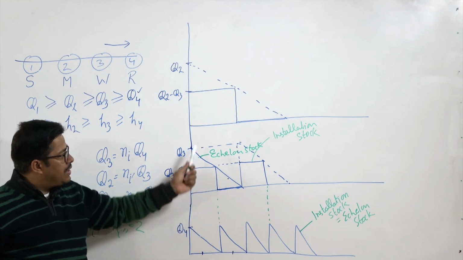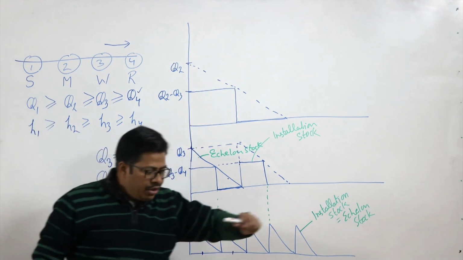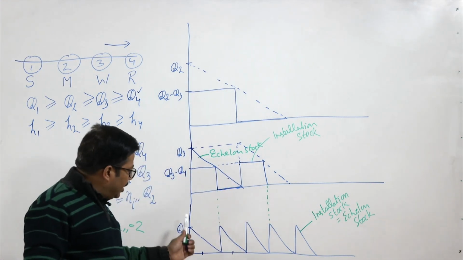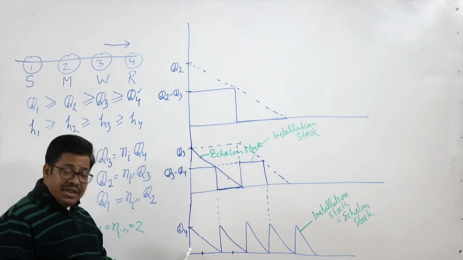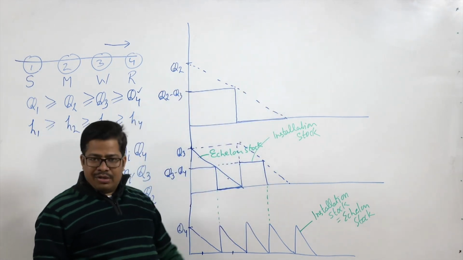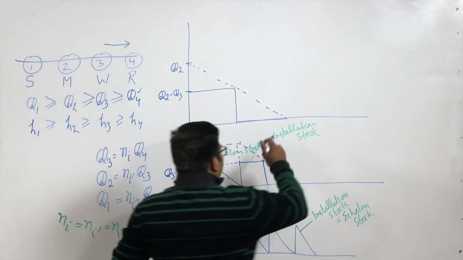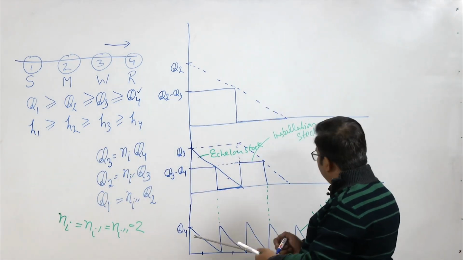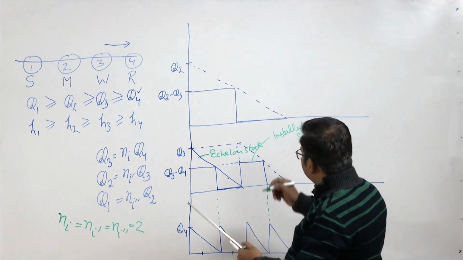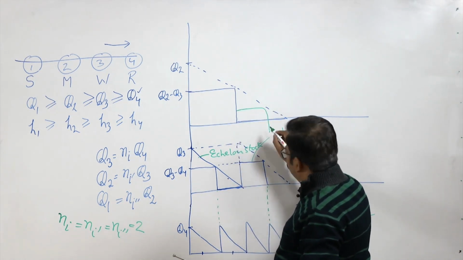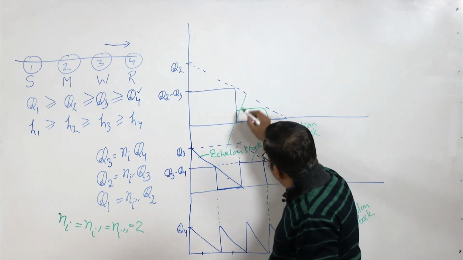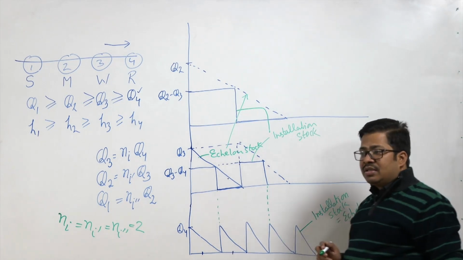At stage 2 and stage 3 you have the horizontal lines, but the angular lines are available only at stage 4. So because of these angular lines at stage 4 you get these slopes in stage 2 also, and therefore these installation stock is represented by these step lines and the echelon stock is represented by these slant lines.